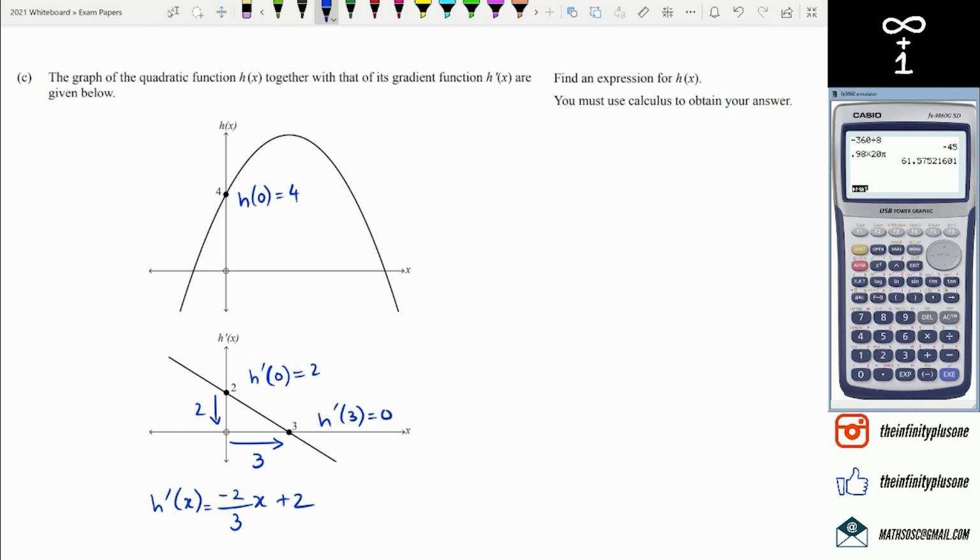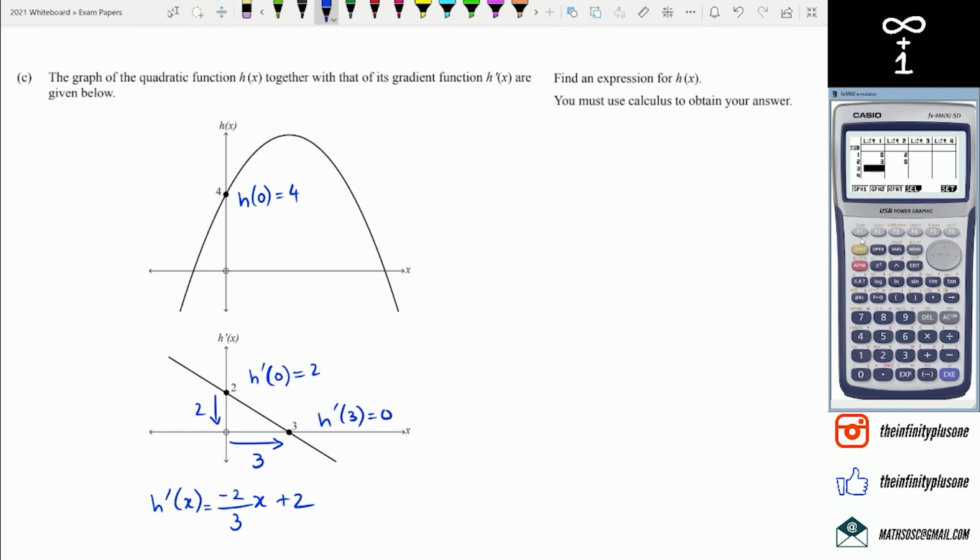Now, if you can't remember how to do the straight line thing, just remember you've got your calculator, so go into stat mode, chuck in 0 and 2, then 3 and 0 after that.